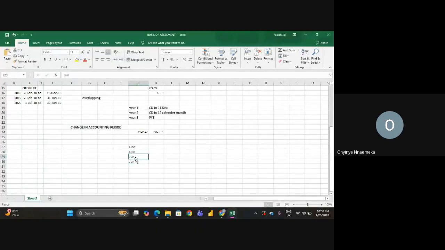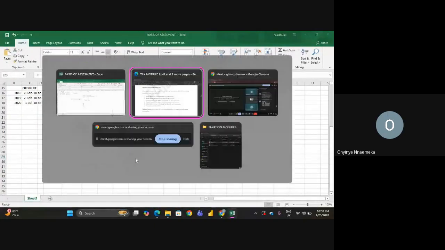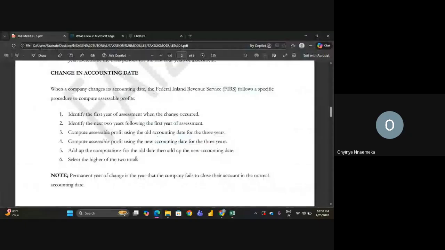Which year did this first June come into place? That year is your year of permanent change. When we treat questions, I think you will understand better. So that's number one: you identify the year of assessment when the change occurs. That year identified will be your first year of assessment. We are going to get it better when we treat questions.